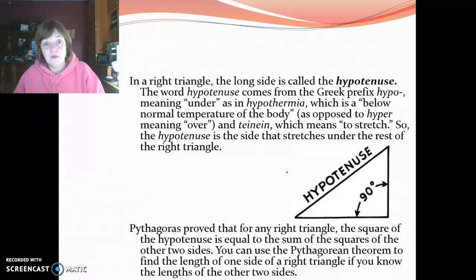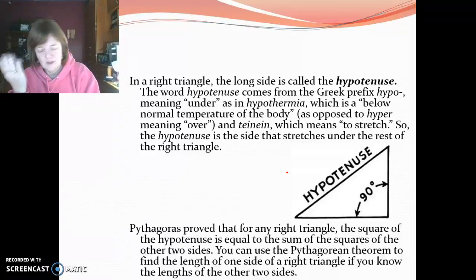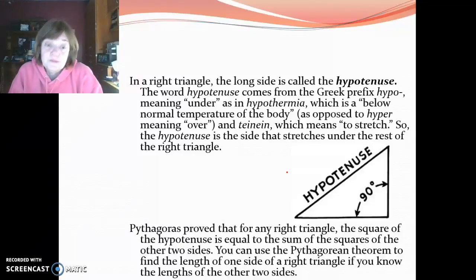As opposed to hyper, meaning over, and people who act hyper overact and act crazy and have too much energy. Okay, calm down. And the tenuse part means to stretch. So the hypotenuse is the side that stretches under the rest of the right triangle. Well, that one looks like it's on top, so how does that work? I don't know. Just keep going.